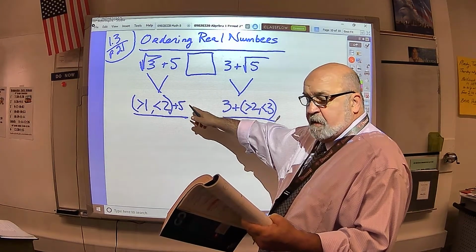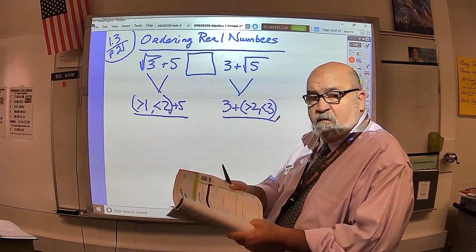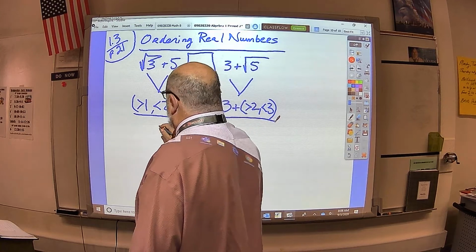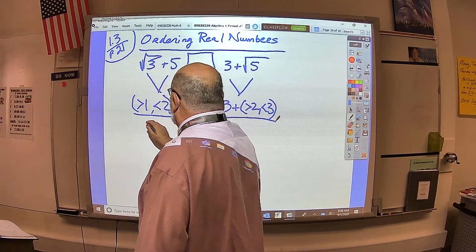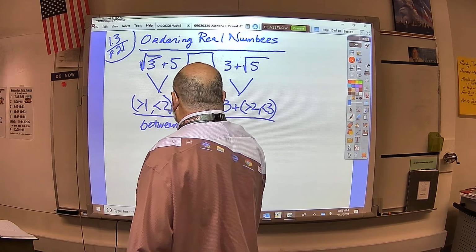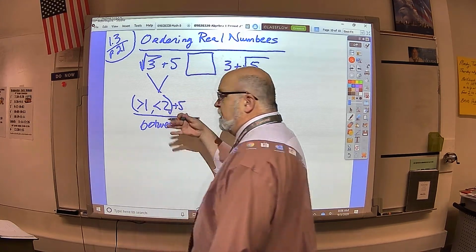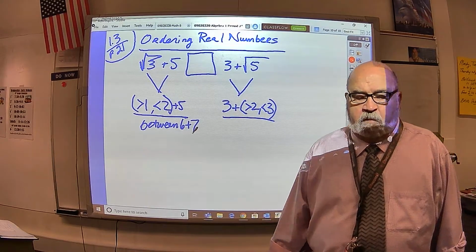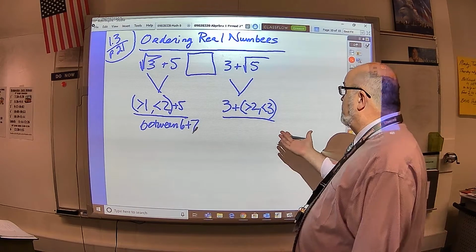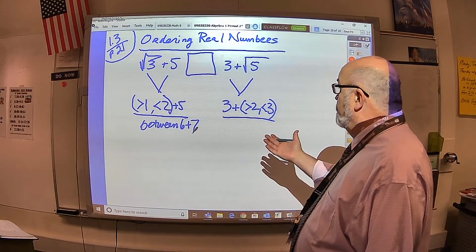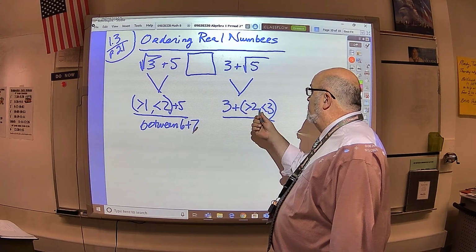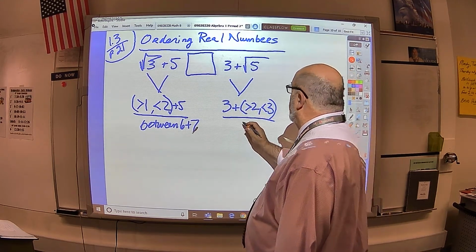But what we should be able to see, in accordance with the book, is that this one should be somewhere between 6 and 7. See if that makes sense to you. The other one on the other side is going to be between 5 and 6.